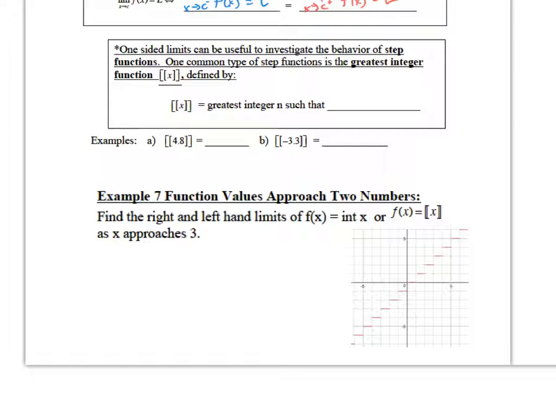The greatest integer is the integer n such that n is less than or equal to x. So it's the largest integer that is less than or equal to the number that I hand you. For 4.8, the answer is going to be 4. And for negative 3.3, the answer is going to be negative 4, because that's the biggest integer n that is less than negative 3.3.